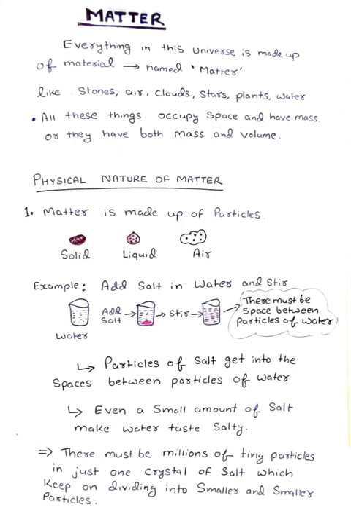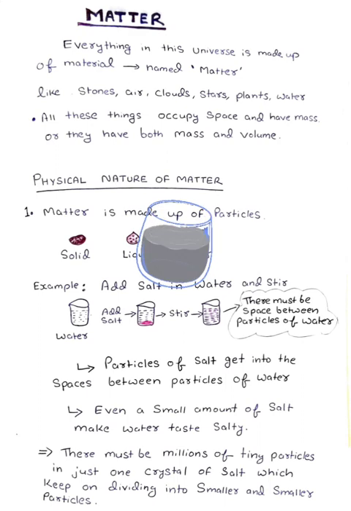If we see an example, we can understand something from it. Take some salt, add it to water and stir. You can see that when you add salt, it will slowly dissolve, and when you stir, it is completely and evenly distributed in the whole water.